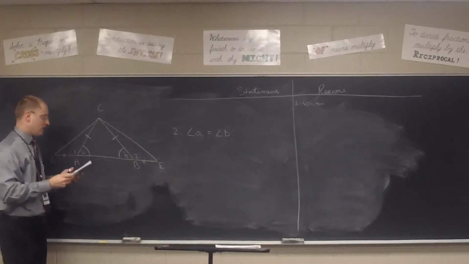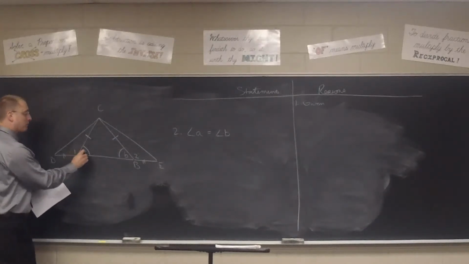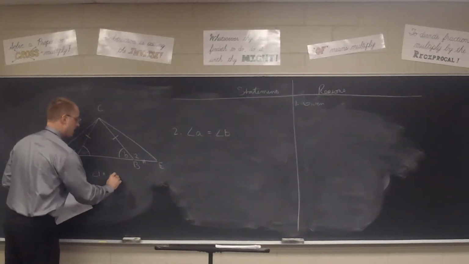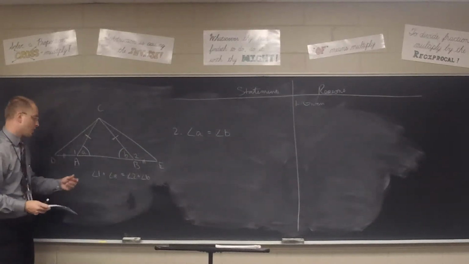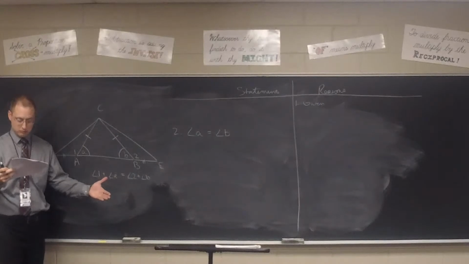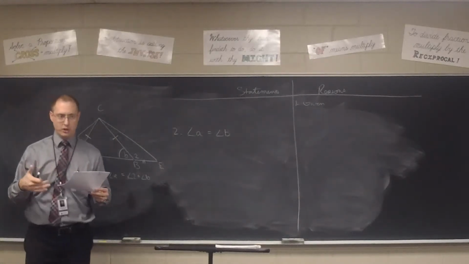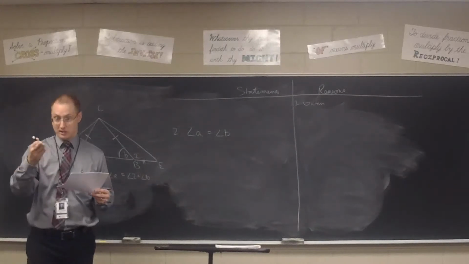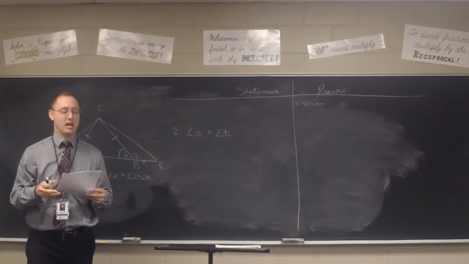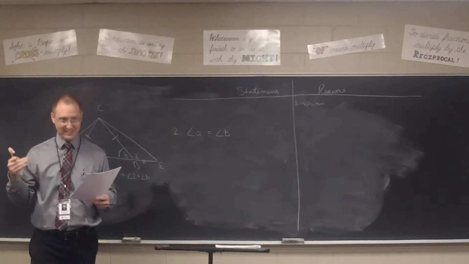But then I said that if you were to take angle 1 plus angle A, it would equal angle 2 plus angle B, because all straight angles are equal. Questions on statements 3 and 4 and the reasons for them? Does it make sense? It does not make sense, Ethan. Oh, it does make sense, okay? Does it make sense on 3 and 4?